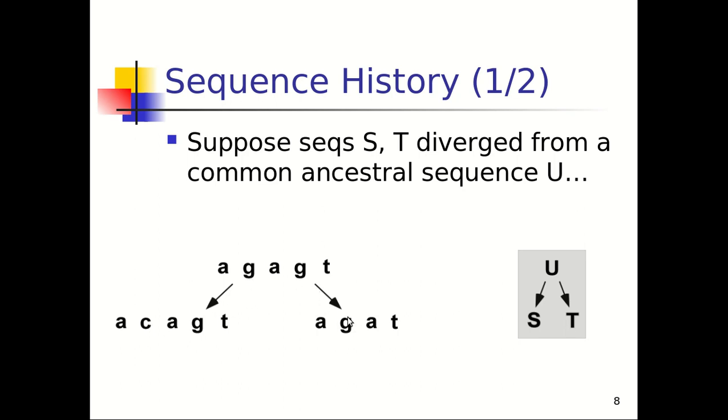So these two are related. All right, they have an ancestor here that started with this sequence, but the descendants, the two children sequences, if you'd like to call it that way, are different from one another in that this one lost a G, and this one turned a G at a different place into a C. So, but they are similar.